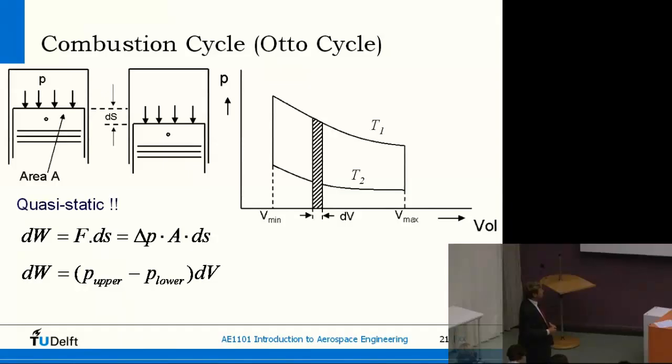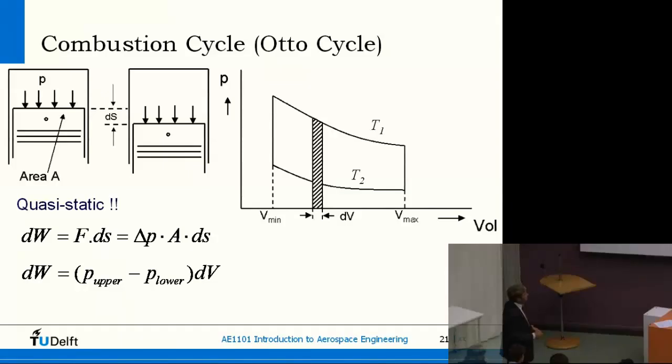The area times the travel is the change of volume. So you could also say that it's the pressure times the change of volume. So pressure times change of volume is apparently the amount of work that a gas does.